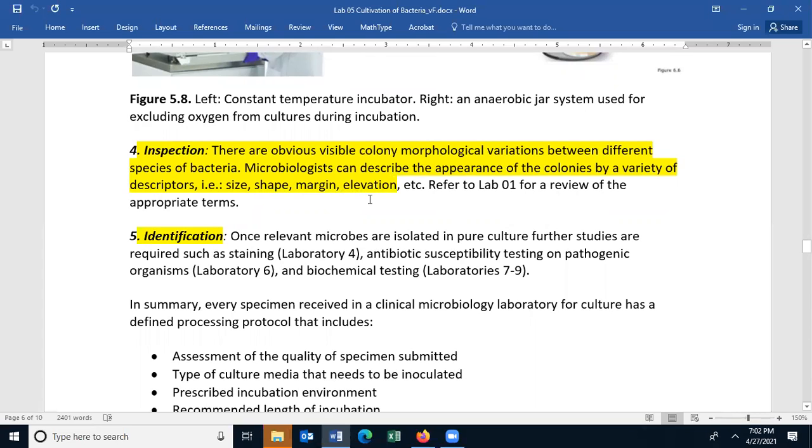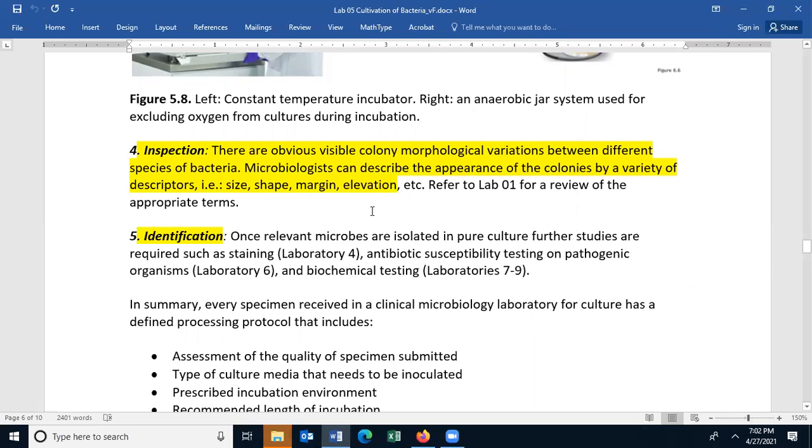For example, if you had a beta hemolytic bacteria on a blood agar plate, and it was a very small pinprick of a white colony, small pinprick in size, the margin would be entire. You're likely to conclude that that's Streptococcus pyogenes if you did a strep throat test.